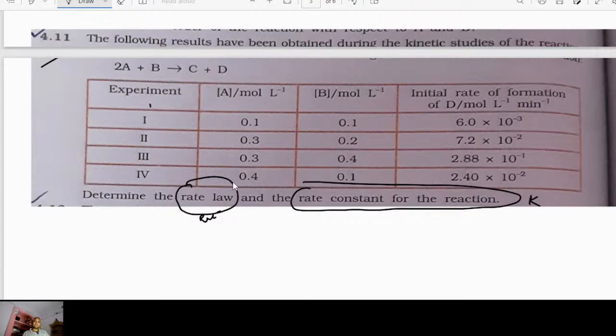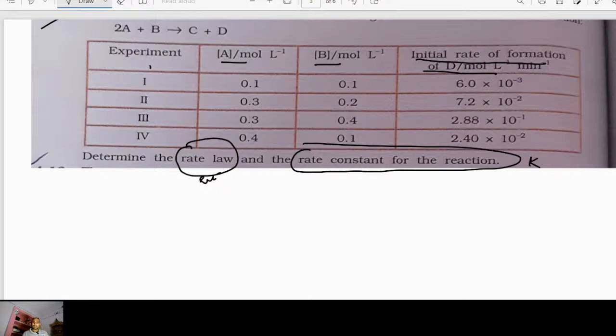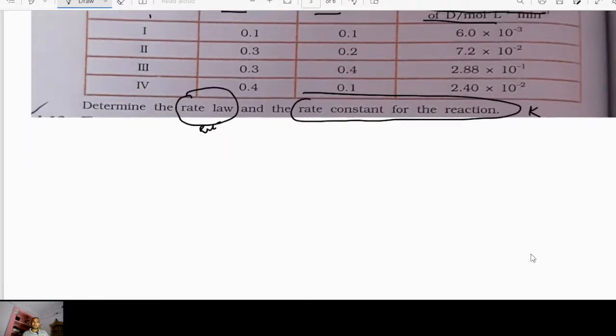So let's try to frame the equation first, student, because here the initial rate of formation of D is given, and the concentration of A and concentration of B are given. So we can frame the equation, student.